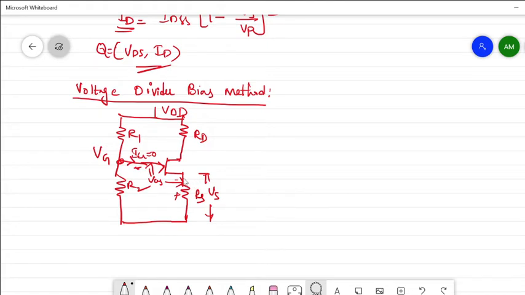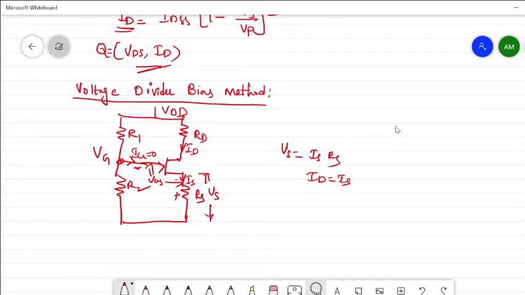So in order to keep the gate source junction in reverse bias, the source voltage VS is equal to IS into RS. The current through the source resistor is IS, and the current through RD is ID. In this circuit, the drain current ID is equal to IS.